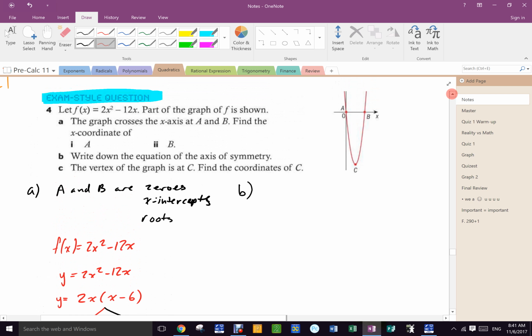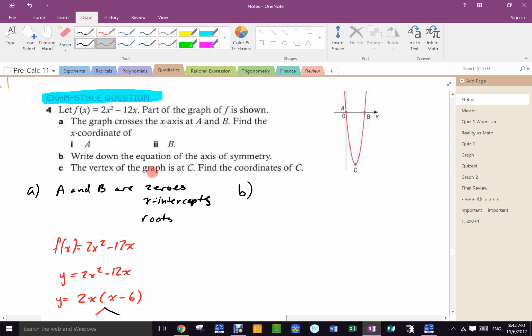Where does the axis of symmetry of every single parabola live? In the middle. Exactly between any two points, as long as they have the same y value. So, what is it? 3. Is that an equation of a line or is that a coordinate? That's a coordinate.